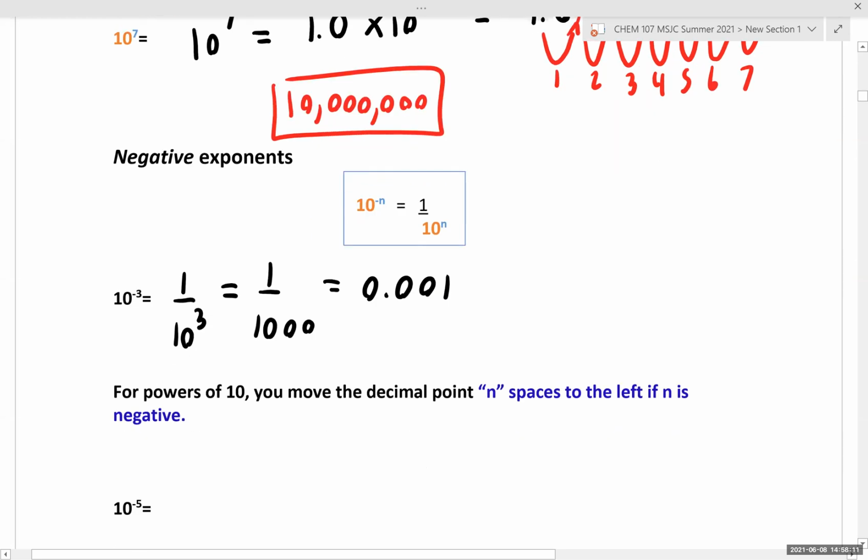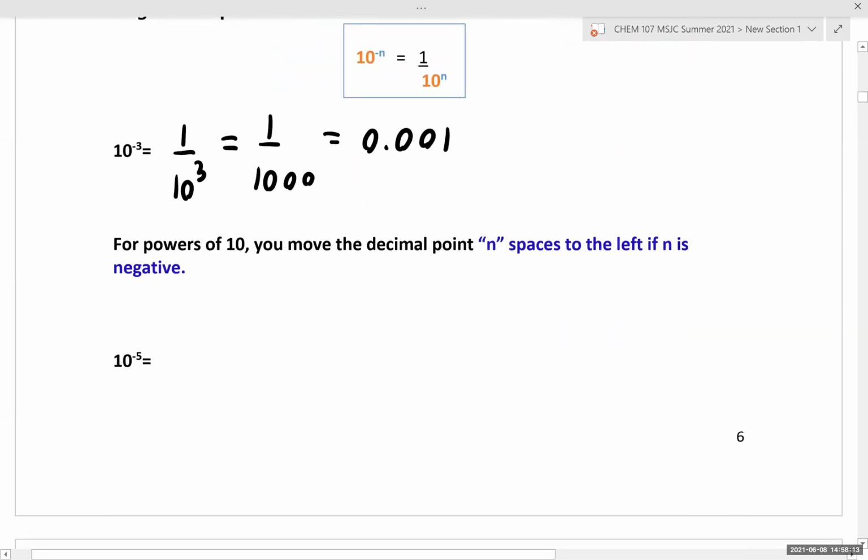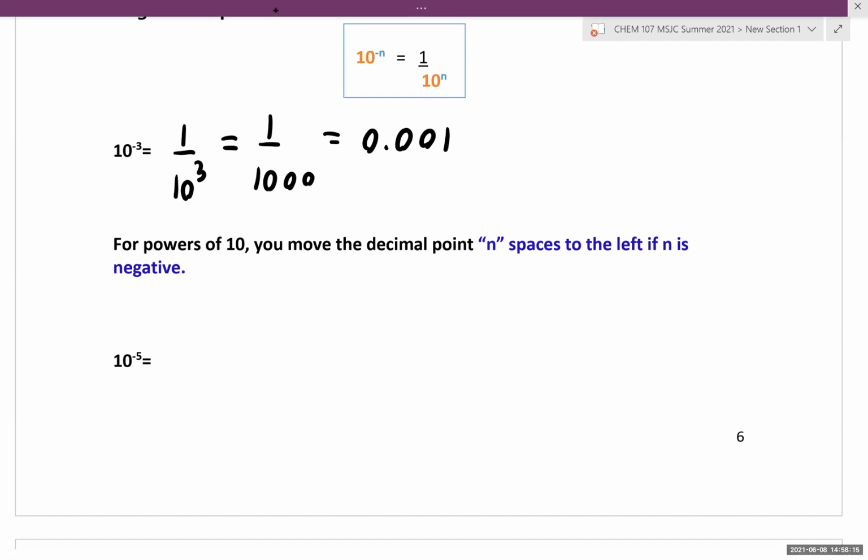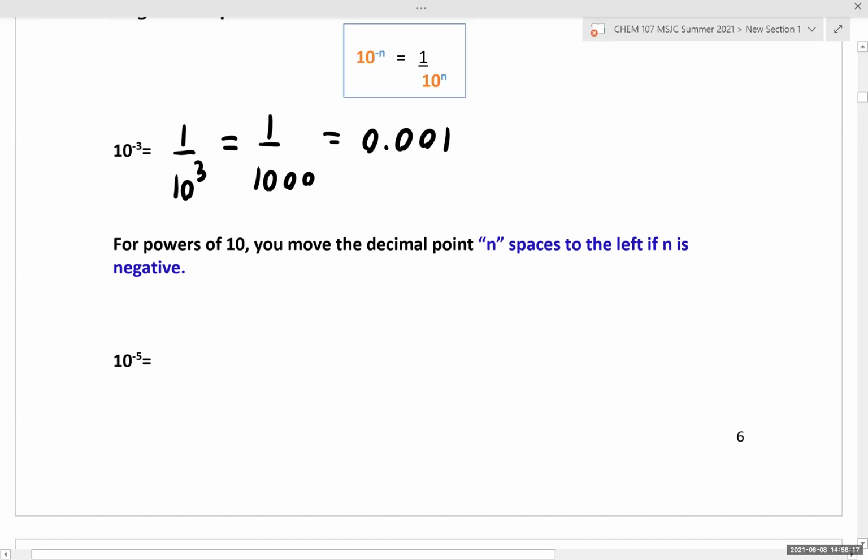Now, just like with positive powers of 10, there's a trick for multiplying by negative powers of 10. You move the decimal point n spaces to the left if n is negative. So for example, in this case, we have 10 to the negative fifth that we can write as 1.0 times 10 to the negative fifth.